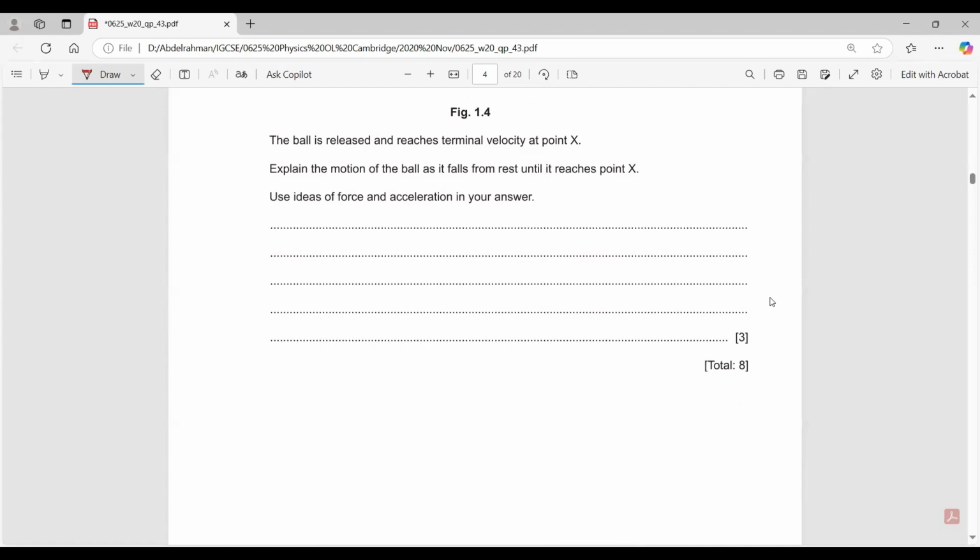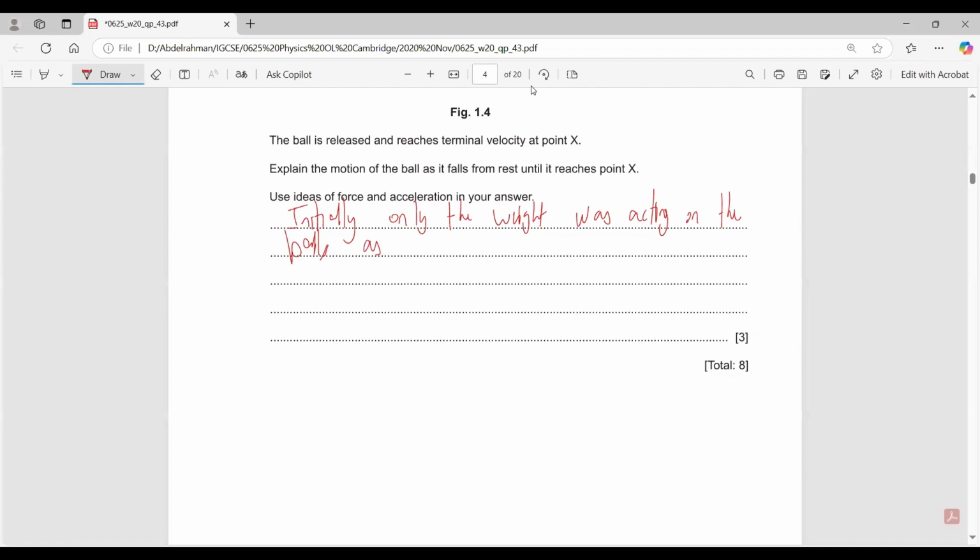Basically, initially, what force was acting on it? Initially, it only had one force acting on it, the weight. So initially only the force of the weight was acting on the ball. As it falls down through the water, it's not falling through air.